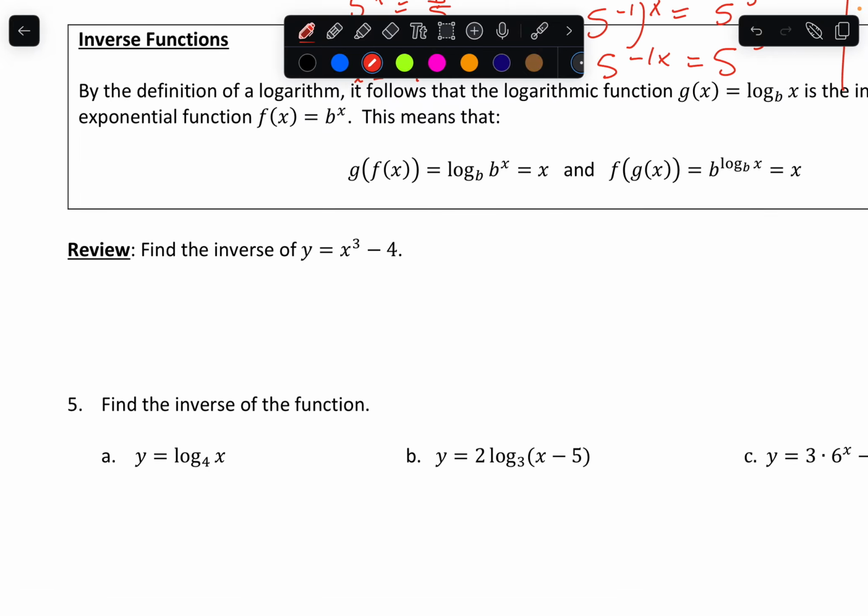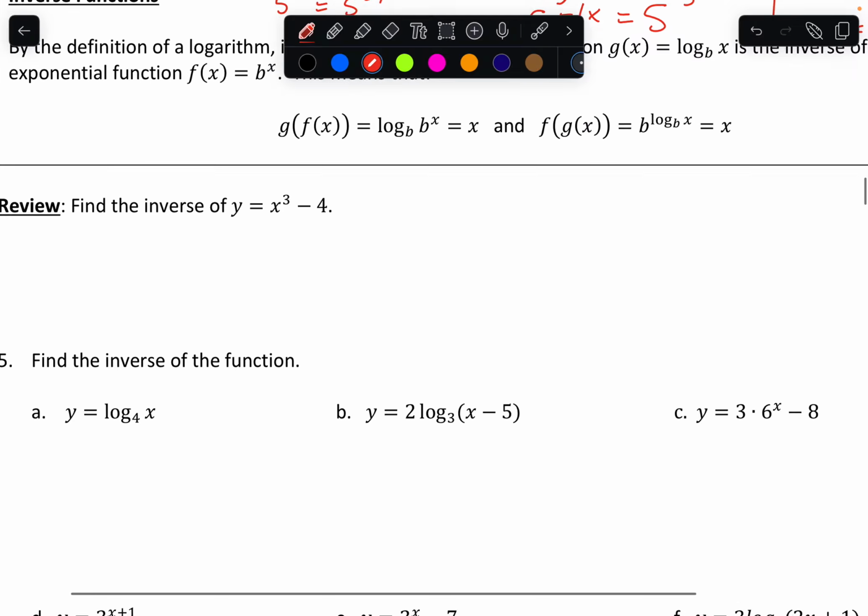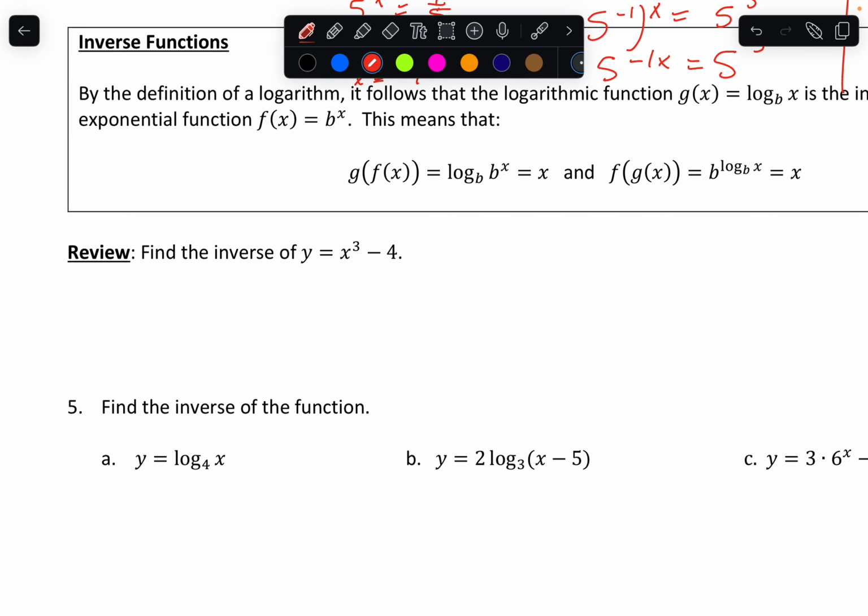We did this a month or two back. When we find the inverse of something like x to the 3rd minus 4, the idea is we switch the x and the y, so we get x equals y to the 3rd minus 4, and then we just solve for y.